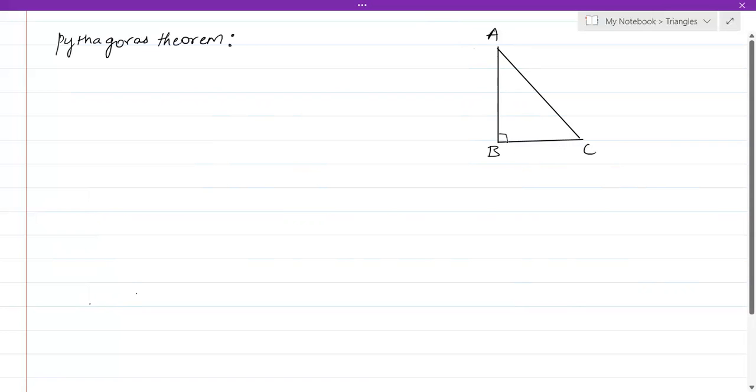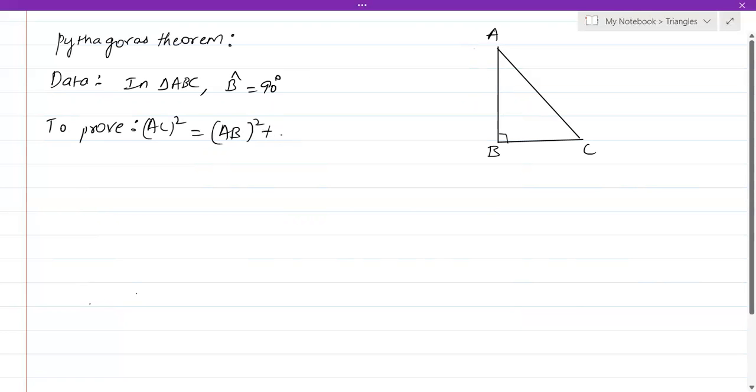The right angle is at B. So what is given is the data. We are given a triangle ABC in which angle B is 90 degrees. And what we have to prove is a very important theorem, might appear in the exam. We have to prove that square of hypotenuse AC square is equal to AB square plus BC square. This is what we have to prove.